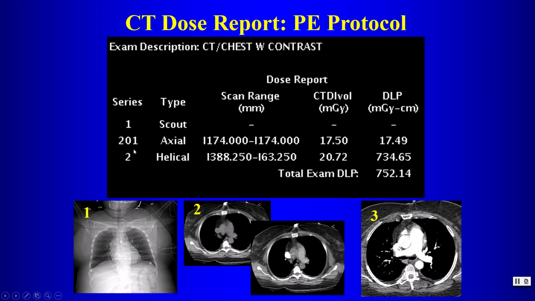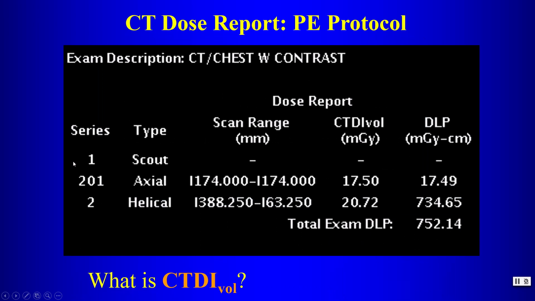The second one is the bolus tracking that was done to initiate the scan when the contrast is in the pulmonary arteries. And then the third one is the actual CT scan of the chest itself, which was again done for pulmonary embolism. So let's go through this, and what do these abbreviations mean here in your dose report?